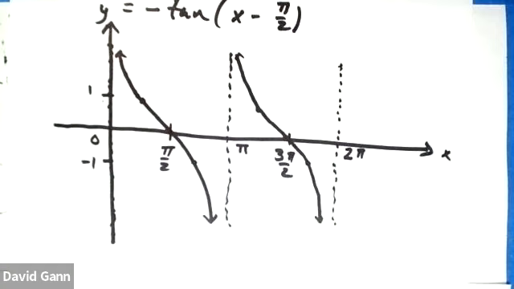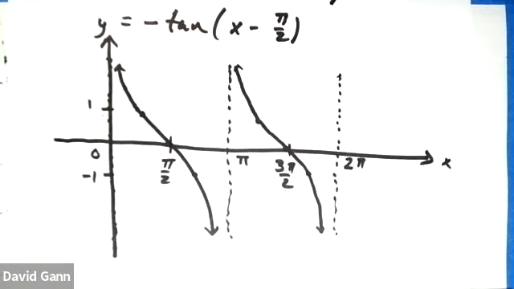So I want to point out something that's kind of interesting, and really one of the main reasons why we do this sort of stuff is that we produced a graph without having to create any kind of point table. And that's really the goal.